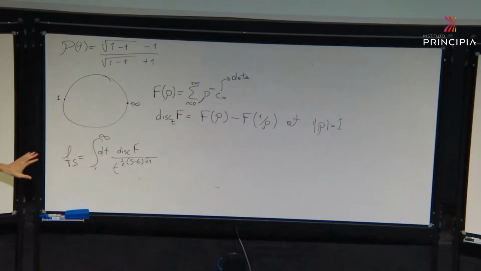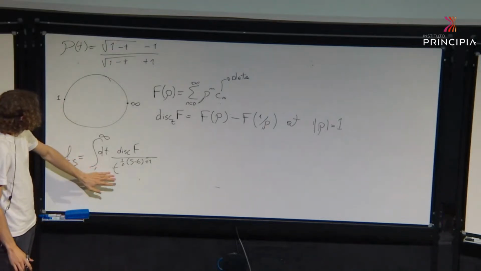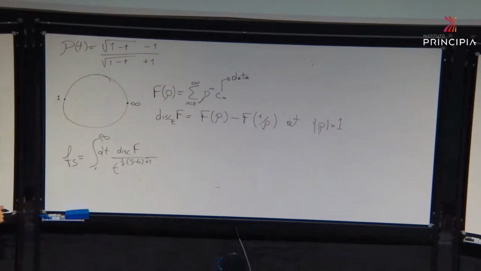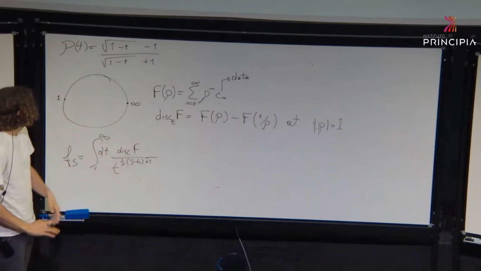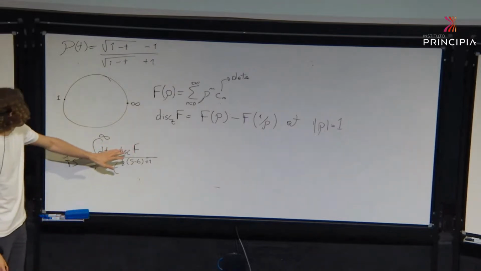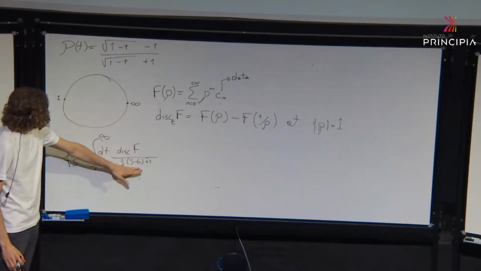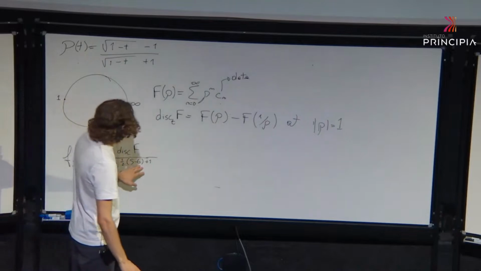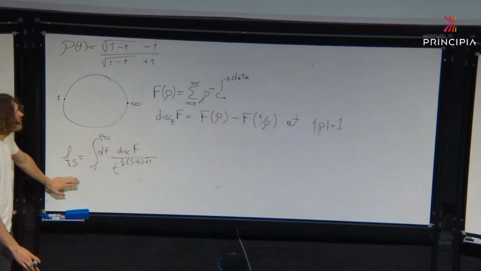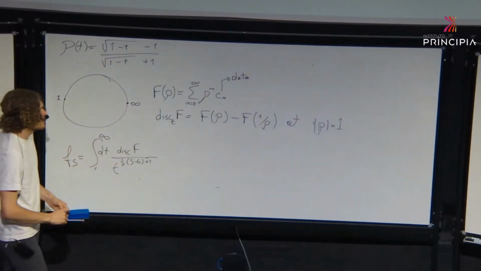So let me just emphasize again that this formula is correct, and you can just check it to arbitrary precision by plugging in the discontinuity computed in this way here, and performing these integrals for the even integers, and reproducing from this expression the data you know from the CFT.